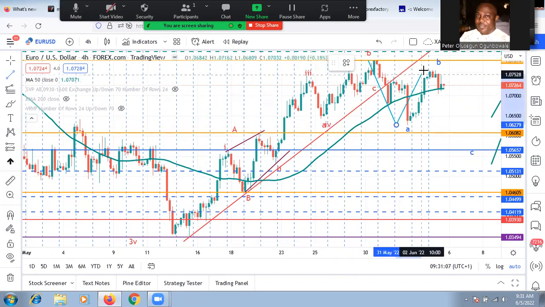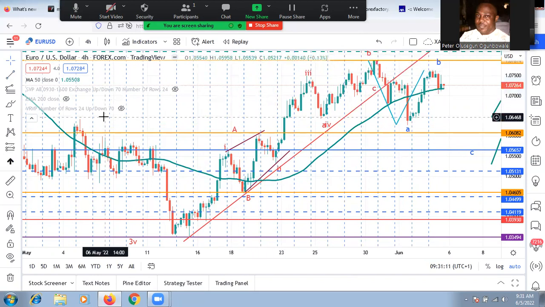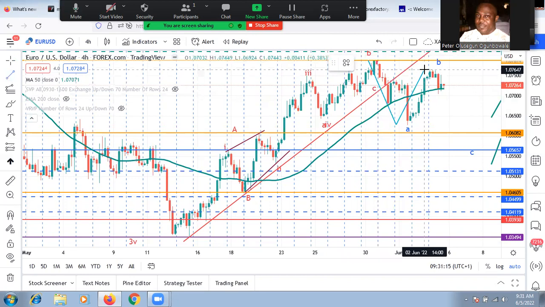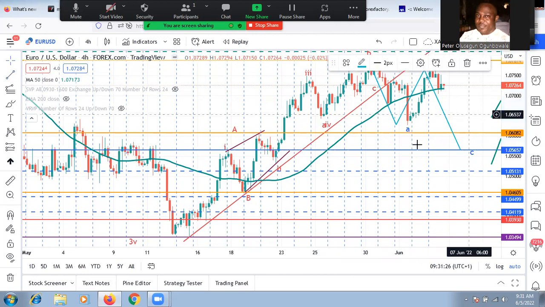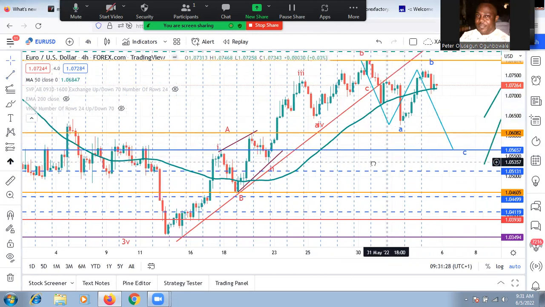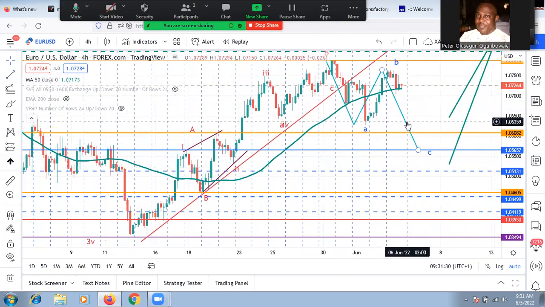Run like that for B in terms of wave, and run down like this for C in terms of wave. So if that comes down like that, then we know that this is a zigzag down.